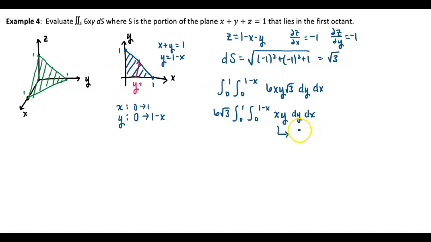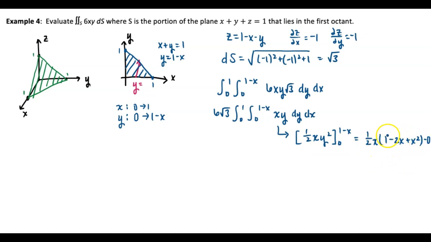Antiderivative of xy with respect to y is going to be 1/2 xy squared, as y goes from 0 to 1 minus x, which is going to be 1/2 times the quantity, or let's leave out that x, because x is a constant in this case, 1/2 x times the quantity of 1 minus x squared, which is 1 minus 2x plus x squared, minus 0, which is going to be a 0.